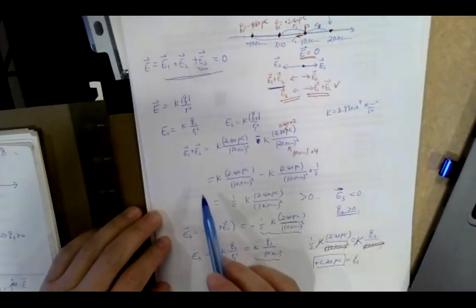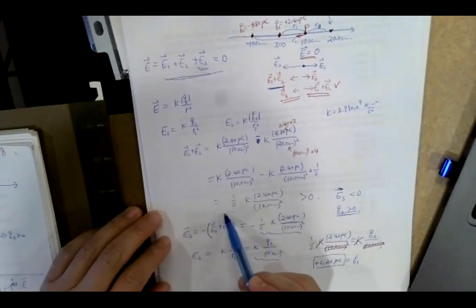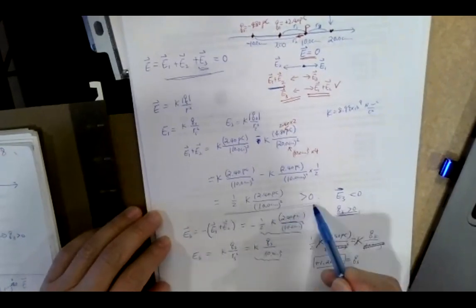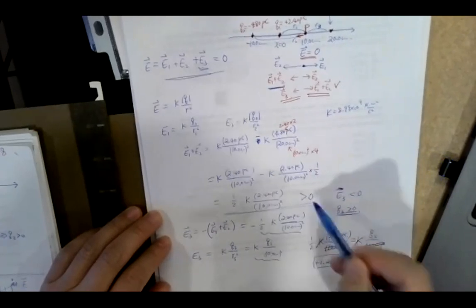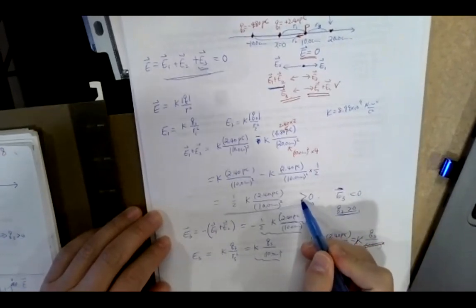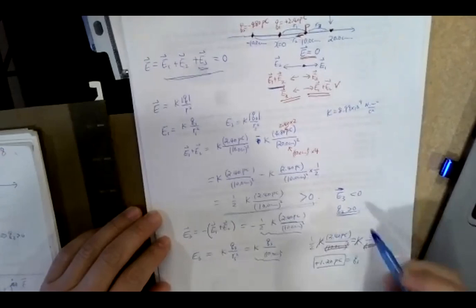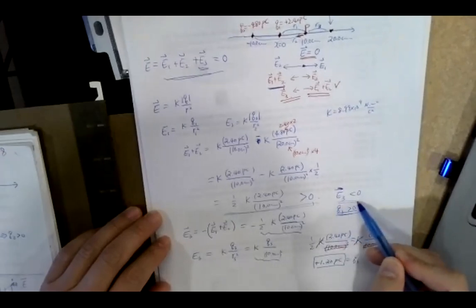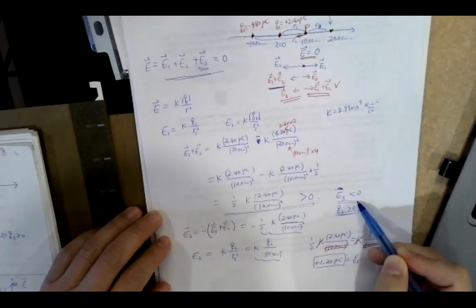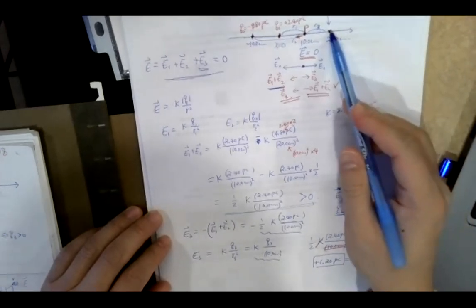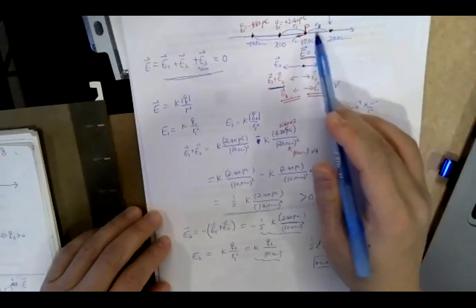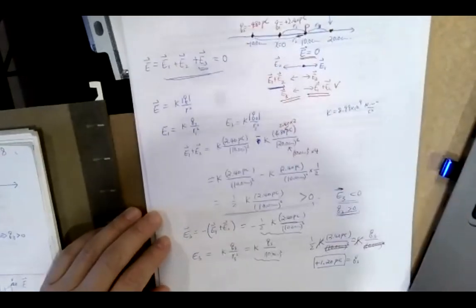So once you figure that out, E1 plus E2, you figure that it's a plus, okay? It's greater than 0, that means it's pointing towards the right. So that means E3 has to point towards the left, which will tell you the sign for Q3. It will be positive, because for positive charge, the electric field points away from it, okay?